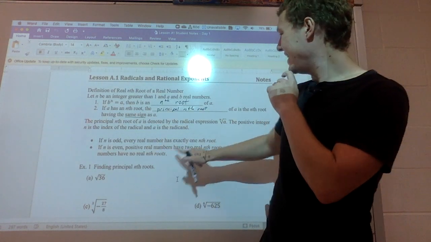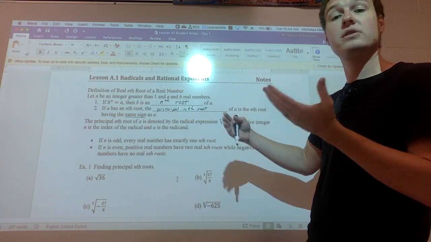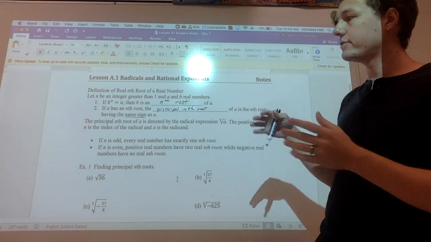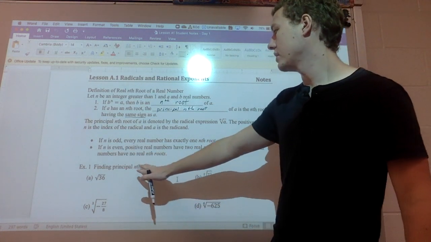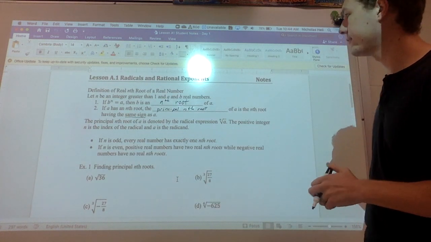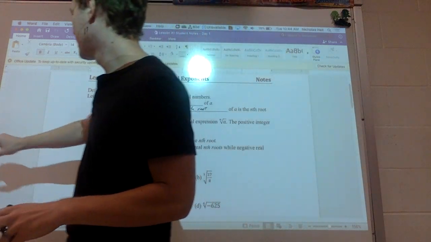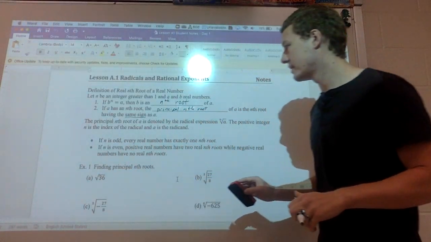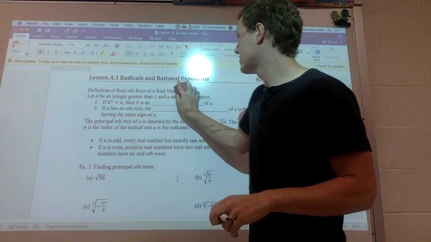Otherwise, if a is negative, you're trying to take, let's say, the square root of negative 25. There's no real answers, so there will be no real nth roots. You could have complex answers, but we're not going to get into that for right now. You'll get into that later in the course. So, let's actually see this in action.